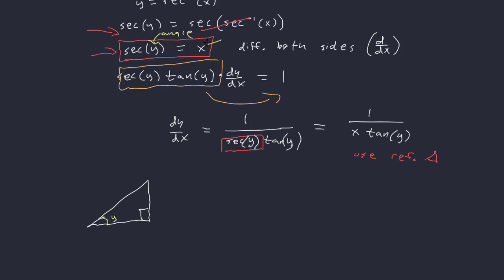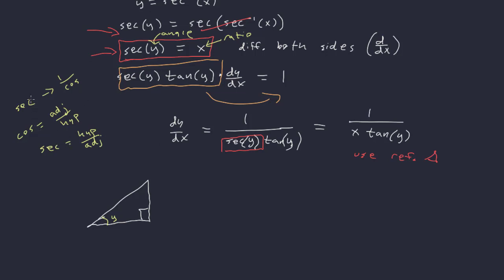And x here is the ratio. Now the ratio for secant, remember, secant is 1 over cosine, so it just flips cosine over. If cosine is adjacent over hypotenuse, then secant just flips that over and it's hypotenuse over adjacent.